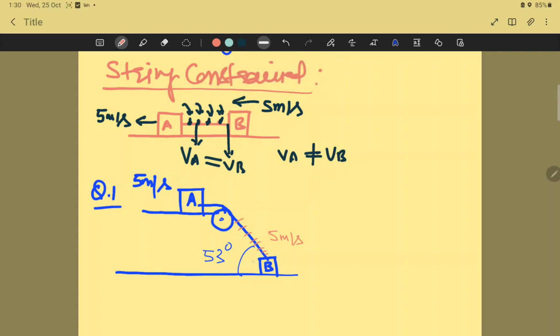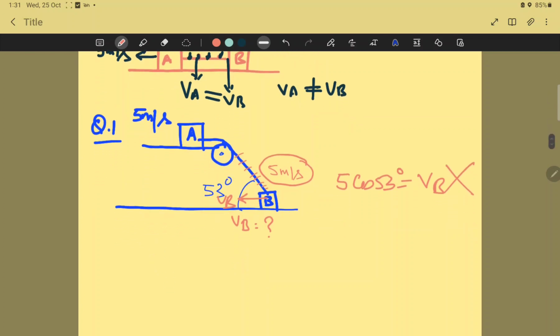And always remember, if they ask what is the velocity of VB, many students make a component of 5 along the horizontal direction, 5 into cos 53, as the velocity of VB, but this is incorrect because my string is supposed to be carrying the same velocity. So always remember, whatever velocity they ask, kindly resolve all the given velocities along the direction of the string.